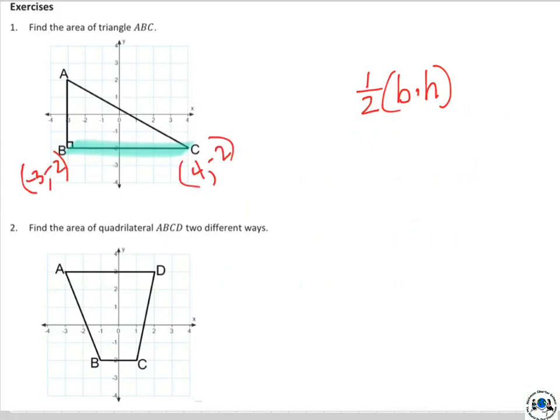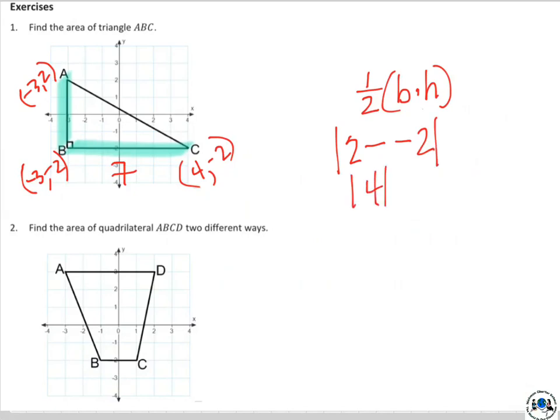If I look at my ordered pairs, the base, or the horizontal line, goes along with x values, so I come up with the absolute value of -3 minus -4, which is the absolute value of -7, which would be 7. Therefore, I have a base of 7.